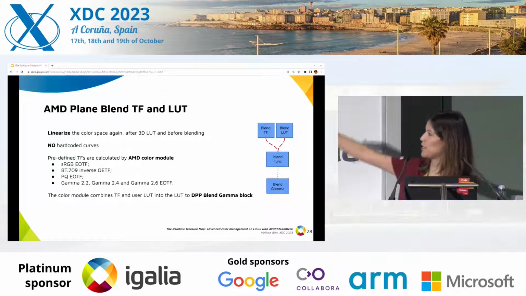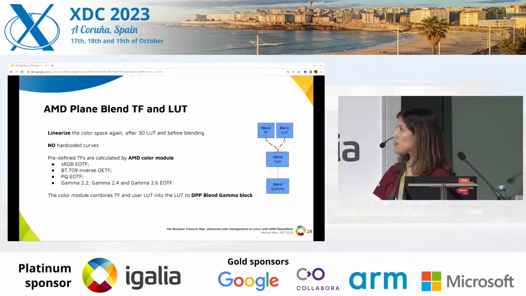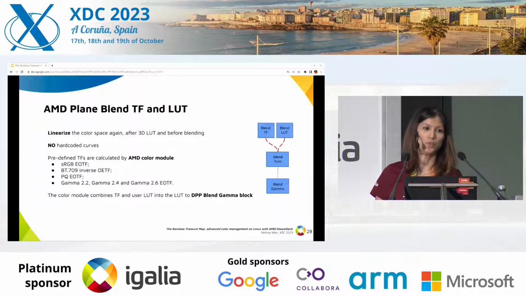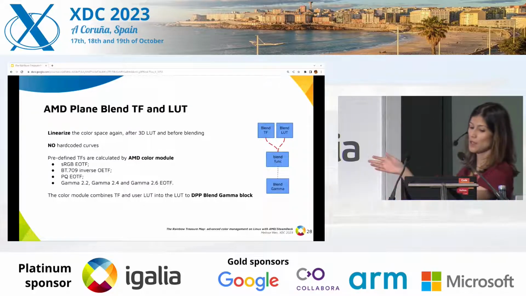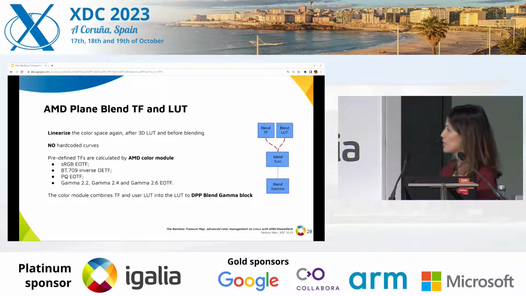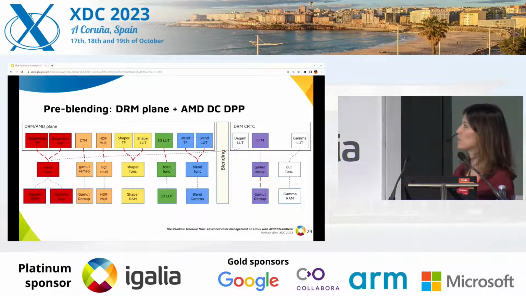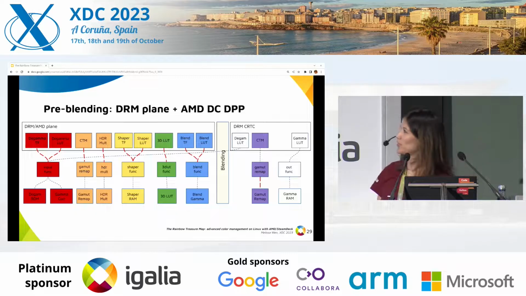The curves supported here are the same as the degamma block, calculated by the color module. The resulting LUT goes to the DPP blending gamma block. So we have our pre-blending properties connected.